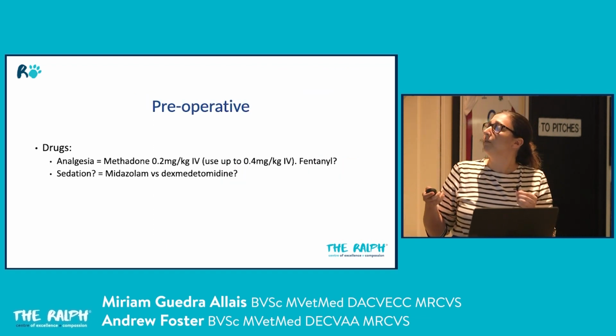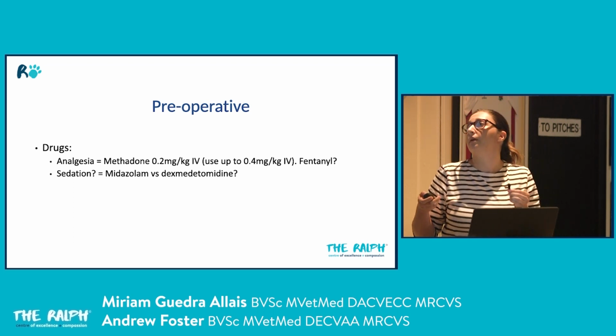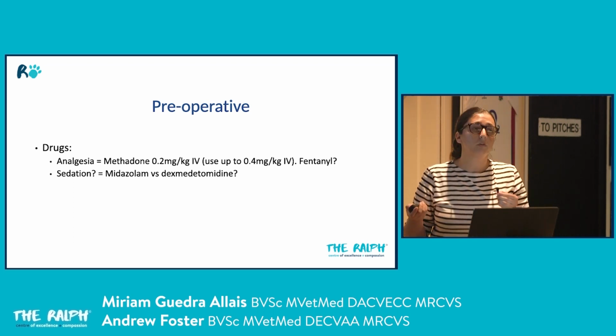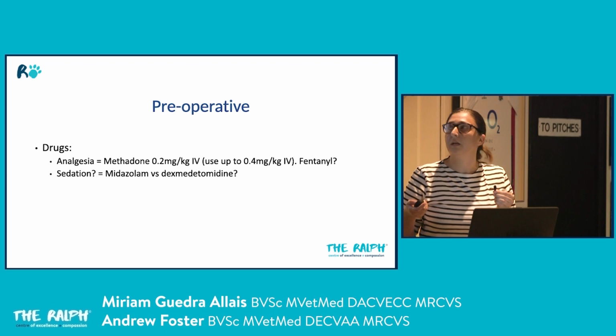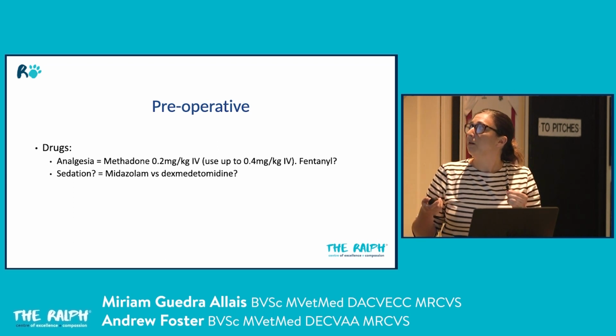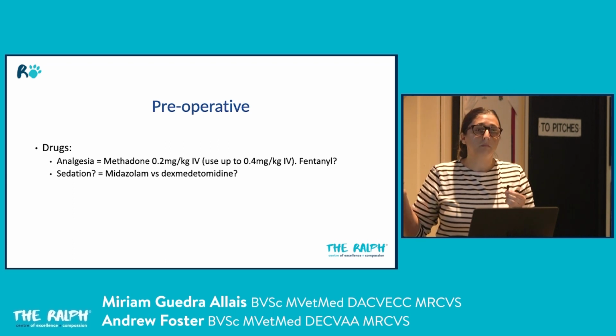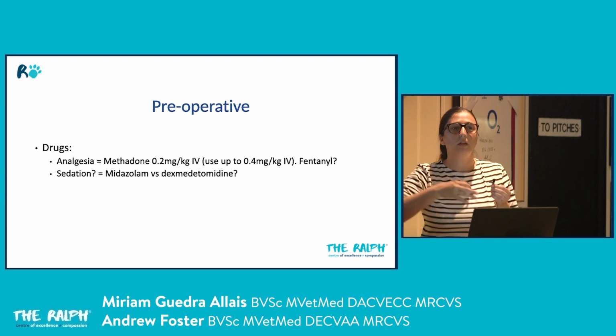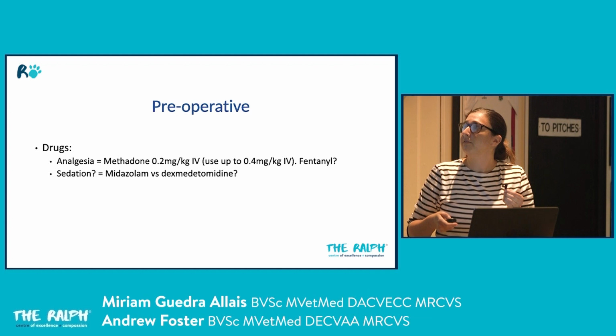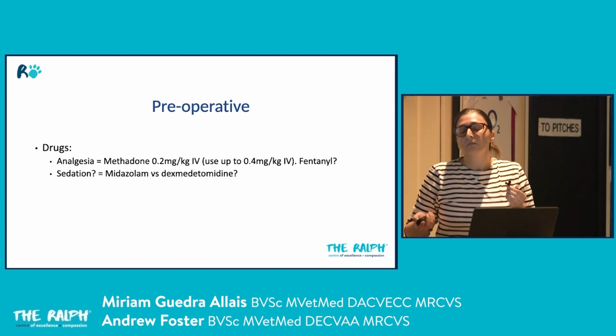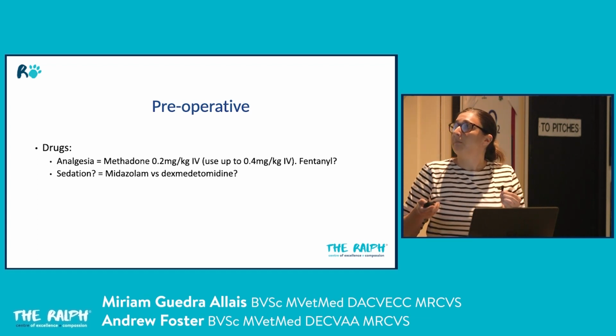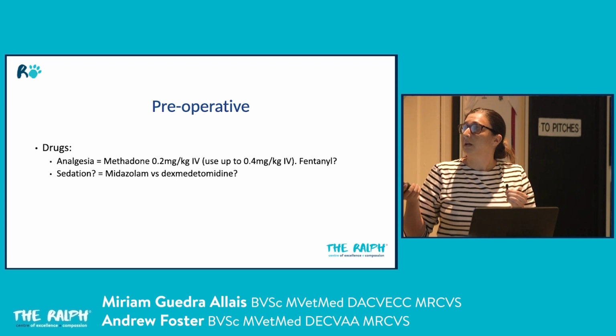In terms of sedation and pre-operative analgesia, I reach for my methadone 0.2 mg per kg IV. I could start maybe on a fentanyl CRI if I know the surgery could be delayed, and this dog will need to be on pain relief. Sedation, it's up to you, but midazolam, yes, you can.